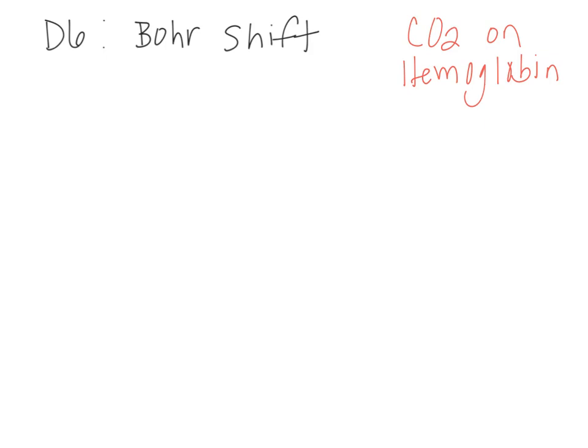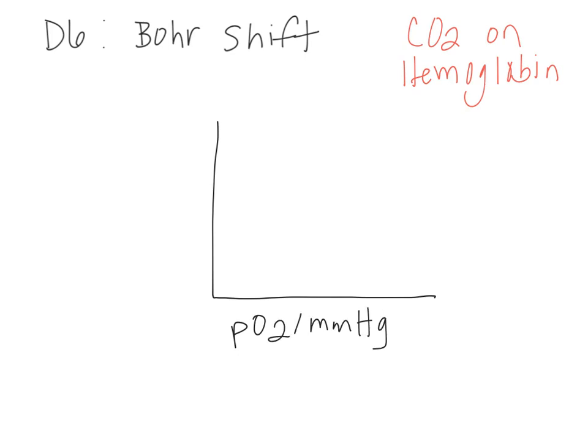So again, I'm going to start off with the same type of curve that we saw in the last video, where we have partial pressures of oxygen on the x-axis, and we have percentage of saturation of hemoglobin on the y-axis. So again, this is going to tell us how easily hemoglobin is giving up those oxygen molecules.